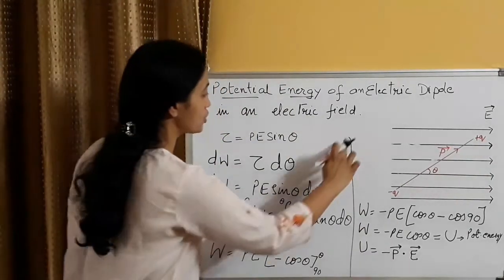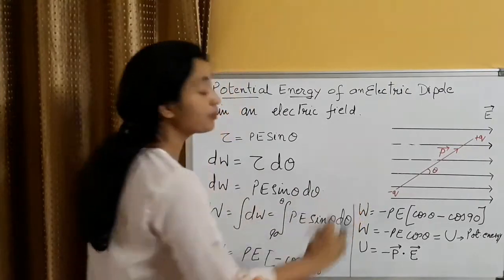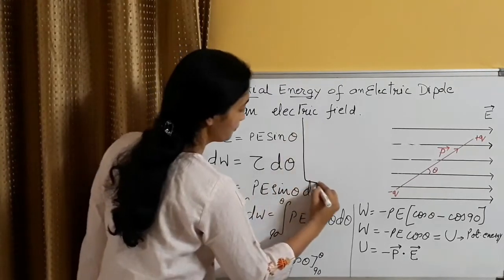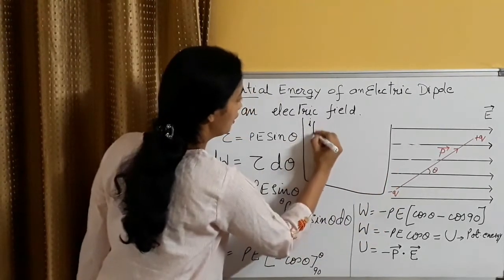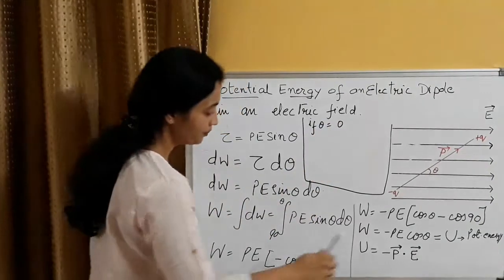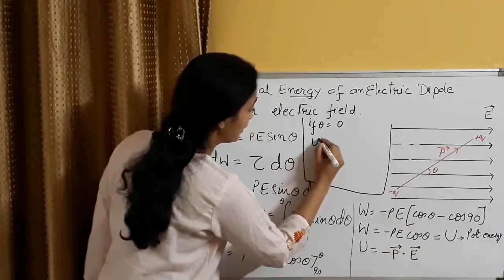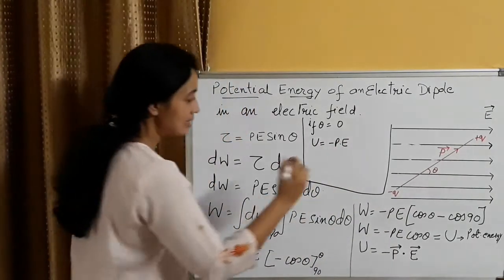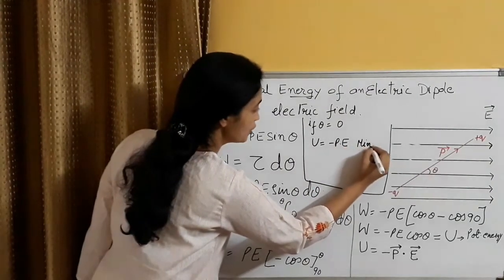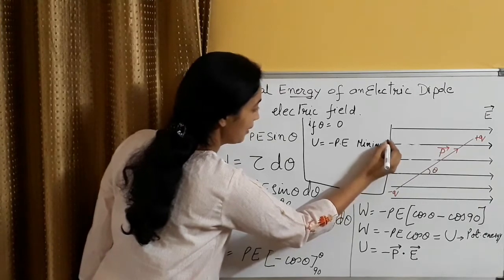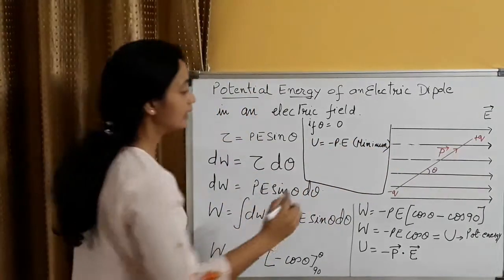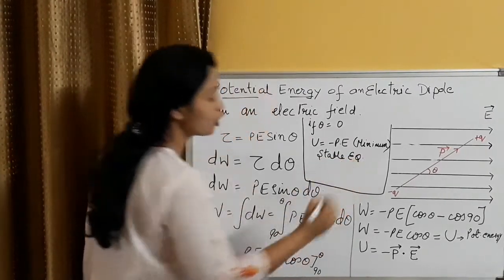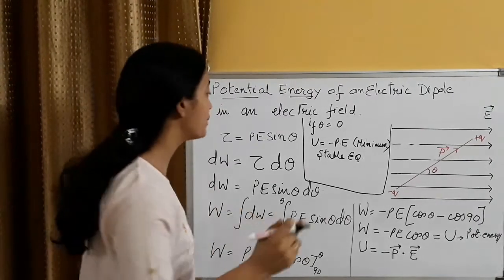We can similarly find out some angles for which the equilibrium can be defined as stable and unstable. Suppose we work it out for theta equal to 0. If I put theta equal to 0, then the potential energy will be minus P dot E. This is the minimum value of potential energy, and when it is minimum, you call it stable equilibrium, because minimum energy corresponds to maximum stability.